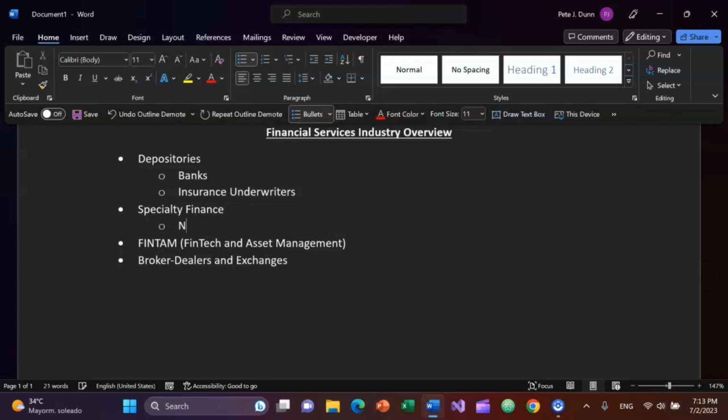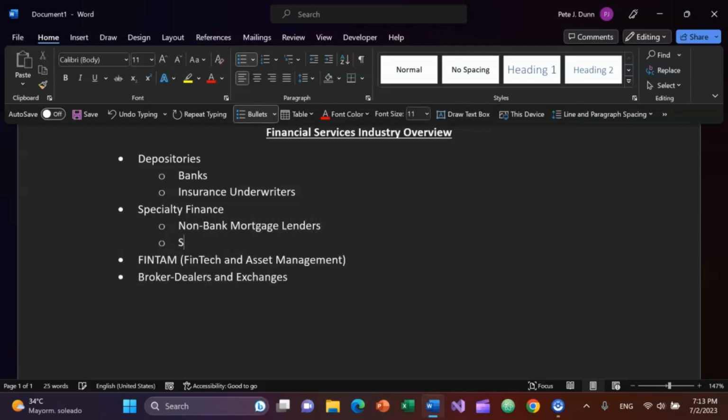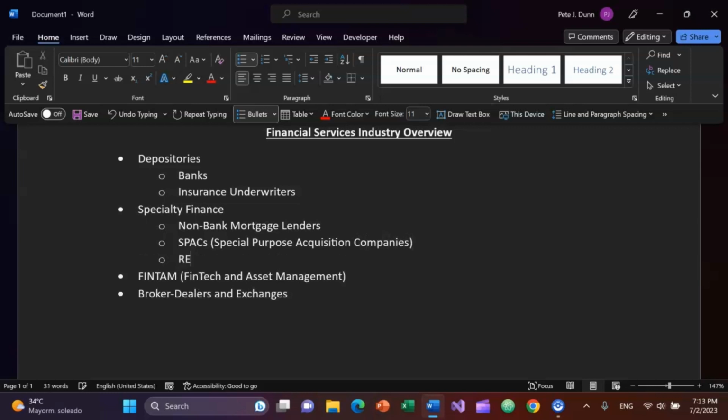Specialty finance, that's your non-bank mortgage lenders, SPACs, that stands for special purpose acquisition companies, REITs, which is real estate investment trusts.